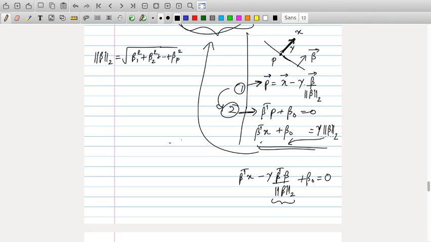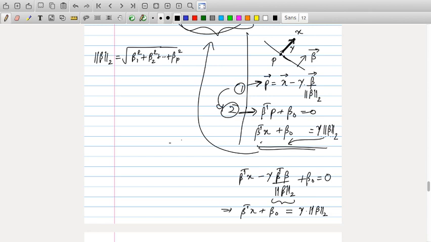So basically the numerator is the square of the denominator, so you cancel one term. And you have basically this implies that beta transpose x plus beta naught is equal to gamma times something like this. I just put the negative term on the right hand side and left the other terms as it is.